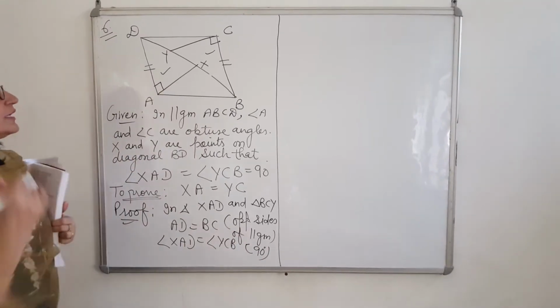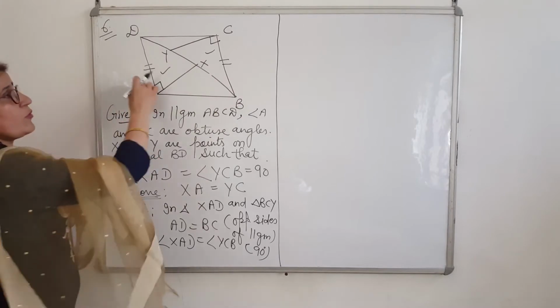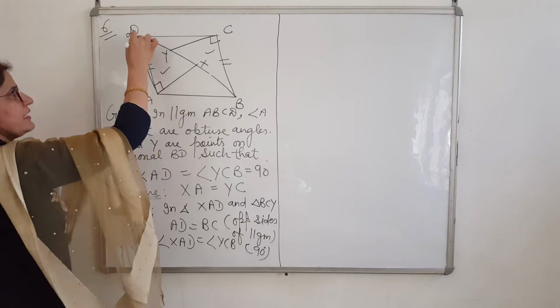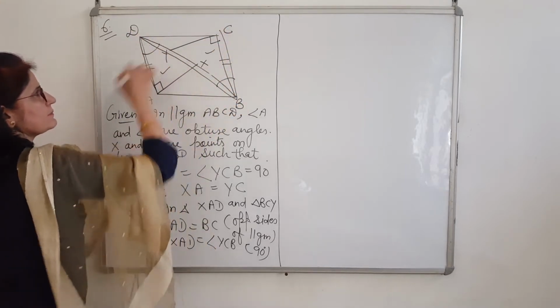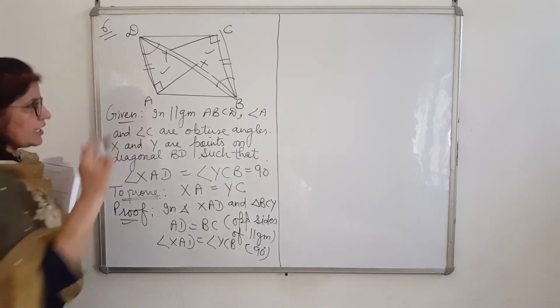Now, which is the third thing? If lines are parallel, we know that in a parallelogram opposite sides are parallel. If we take these sides, then these angles are making alternate angles and alternate angles will be equal.